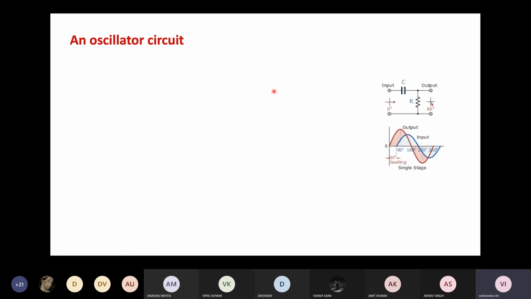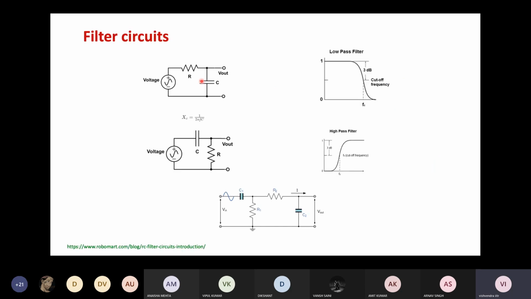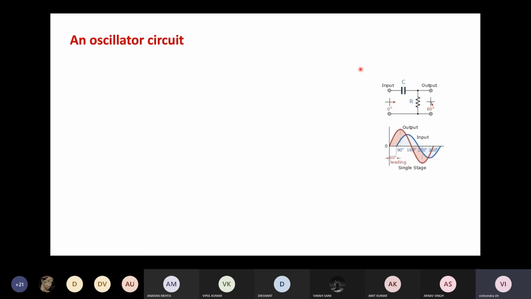Now let's see how an oscillator circuit will look like. There is one more point that we need to keep in mind, and that is that if we apply an input voltage in this kind of circuit, let's say in an RC circuit, the output voltage is actually not the same.